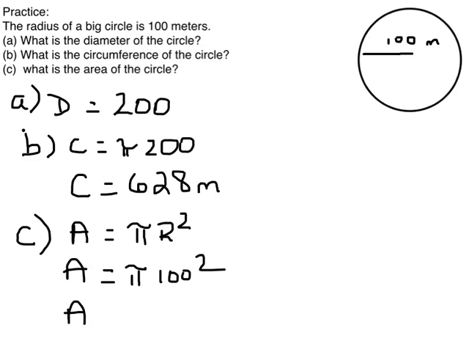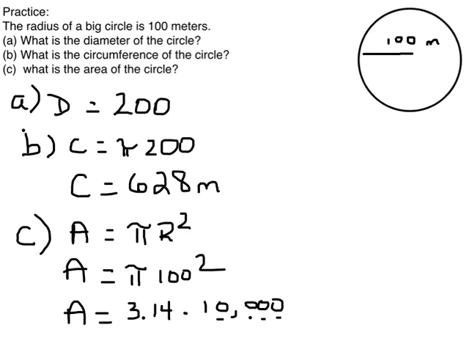So area equals pi times, well, let's erase that pi sign and let's actually put the number that it stands for. 3.14 times 10,000. Now I've got 4 zeros.